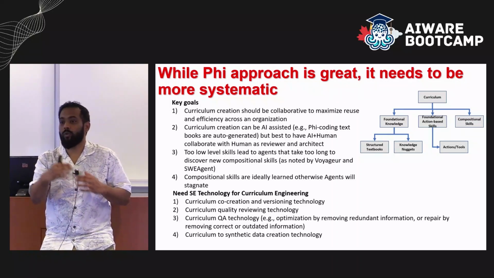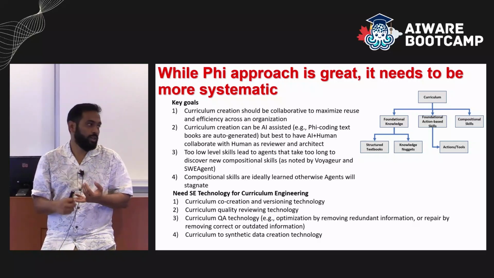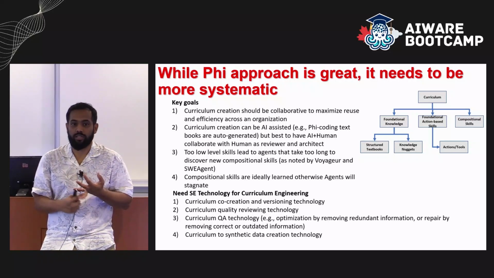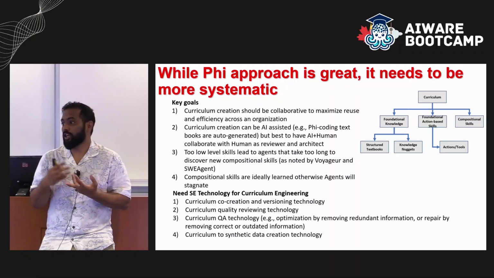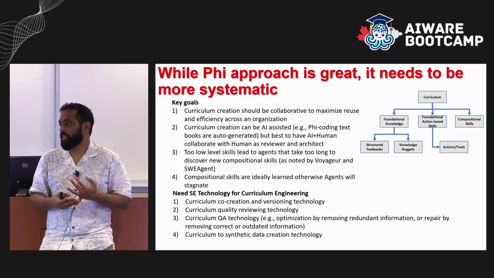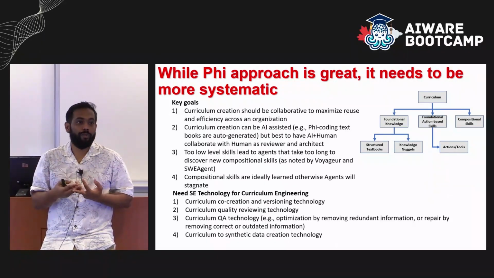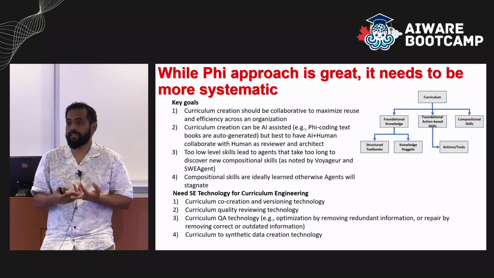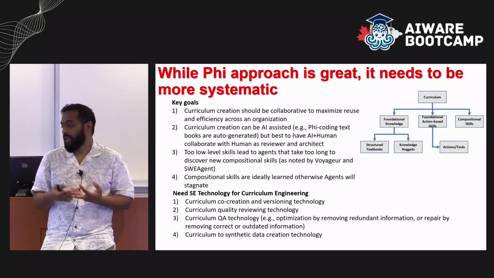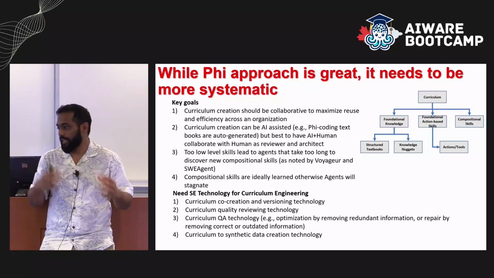And then there are foundational skills, like how to write for loops, how to write if statements, how to write switch cases. And then some compositional skills, like how to write efficient code, how to test the code, how to make sure spaghetti statements are not included. So different compositional skills being represented.